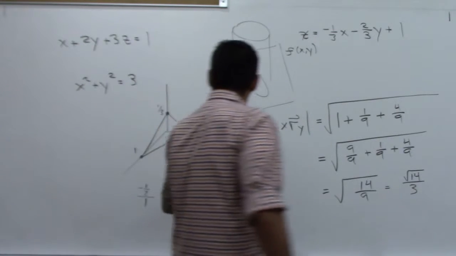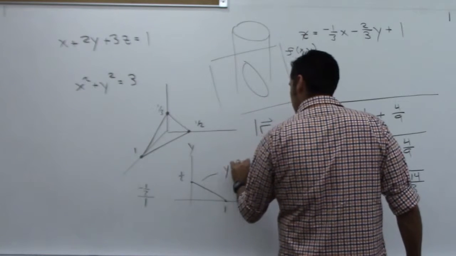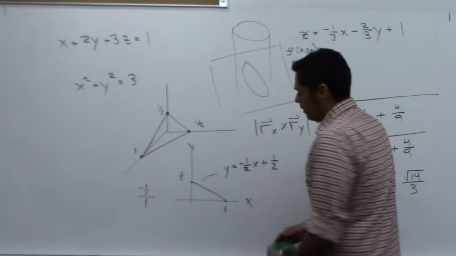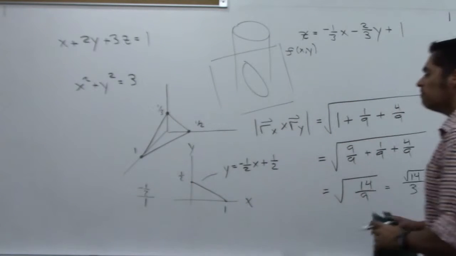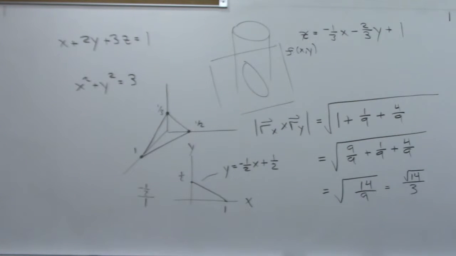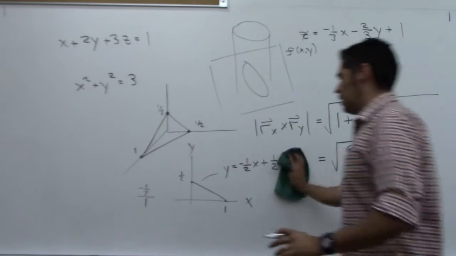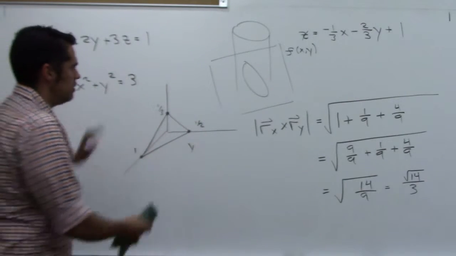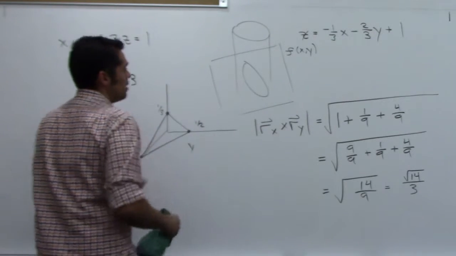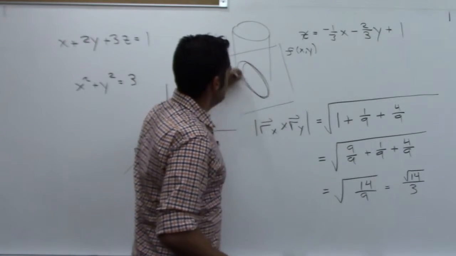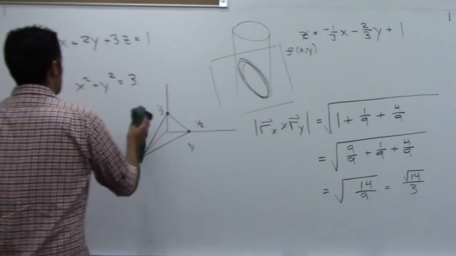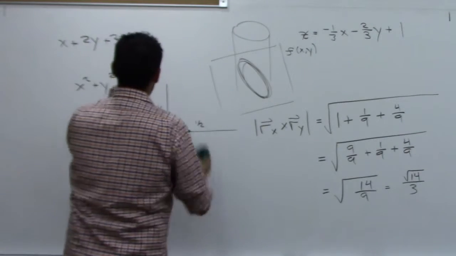So the equation of this line is y equals negative 1/2 x plus 1/2. Right, that's this. Am I going to need that? Oh, wait, hold up. I take that back completely. Hold on, I screwed myself up here. I just used that to draw this and then said, you know, I need more of it. Actually, the region is going to be, I'm trying to draw the cylinder on the ground. I apologize. So let me not get ahead of myself here.